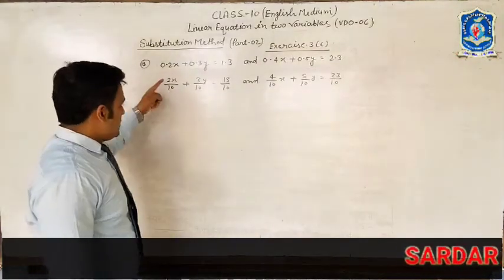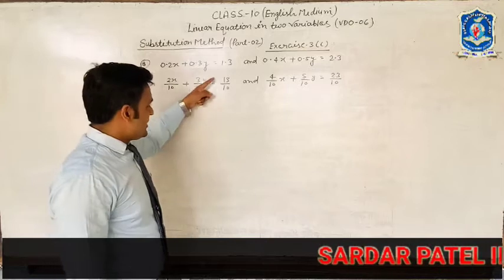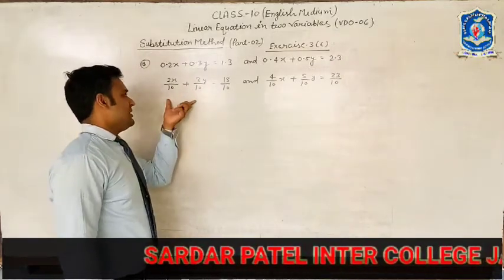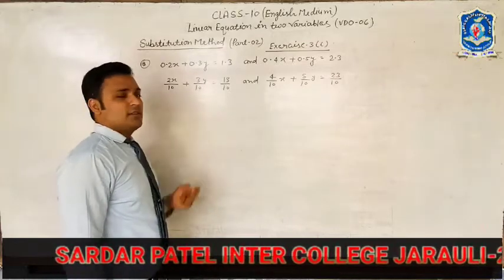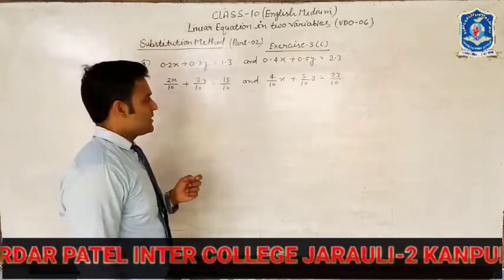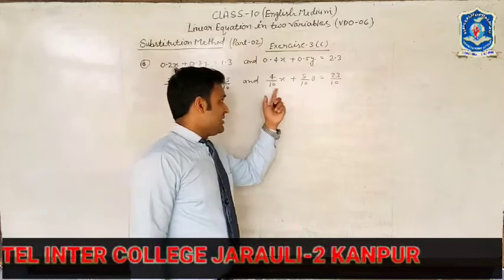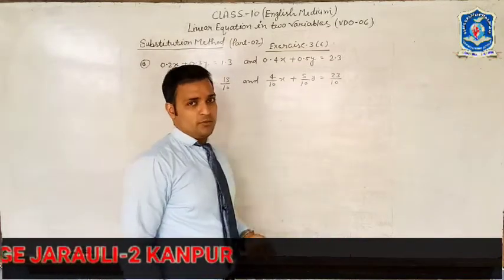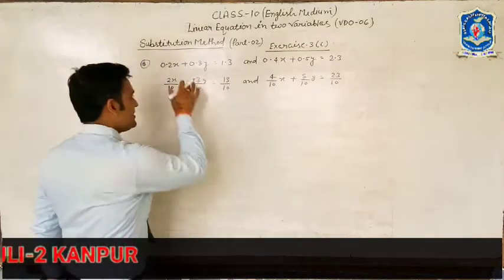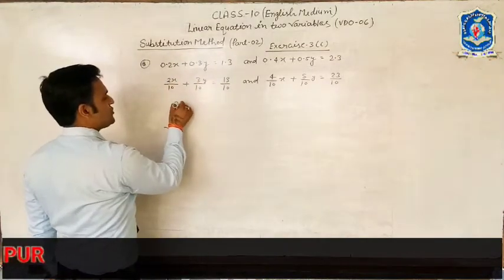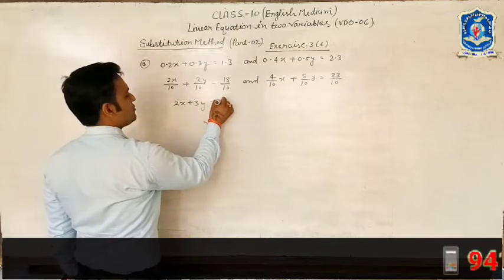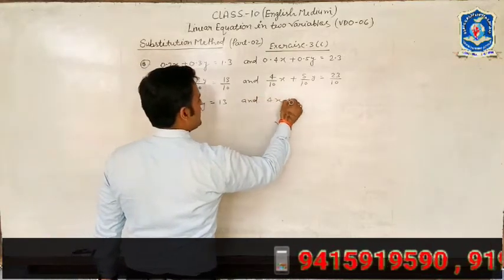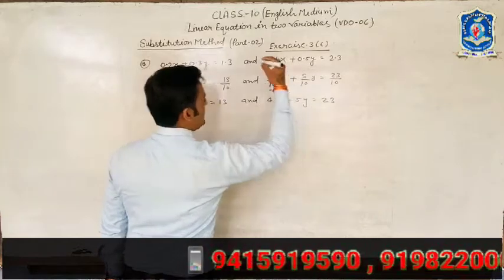Let's see 2x by 10, 3y by 10, 13 by 10. If we take LCM, then 10 and 10 we can remove from here. Now these equations can be written as 2x plus 3y is equals to 13 and 4x plus 5y is equals to 23.